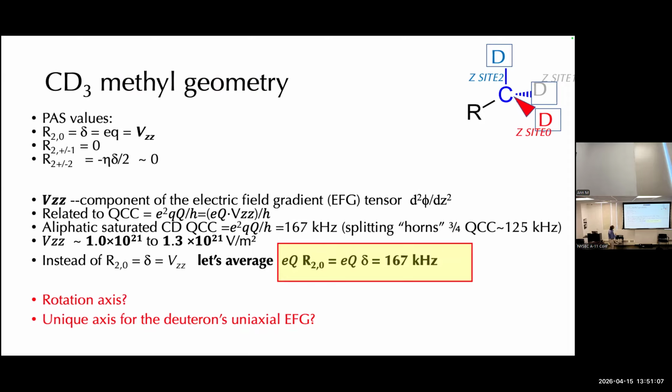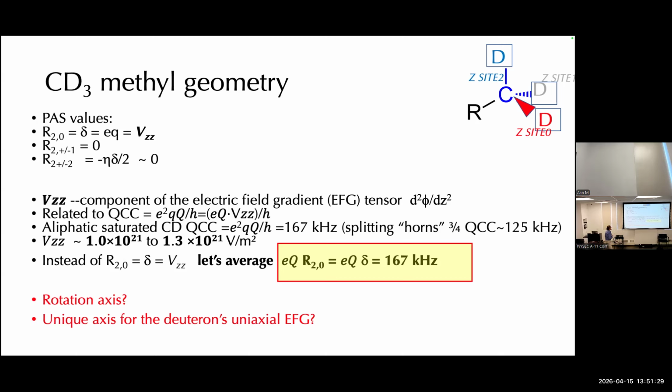So 2,0 is just delta like it is for the CSA, and in particular is VZZ with those weird units. V2,plus or minus 1 is expected to be 0, except in some pathological case. R2,plus or minus 2 is your asymmetry parameter scaling.